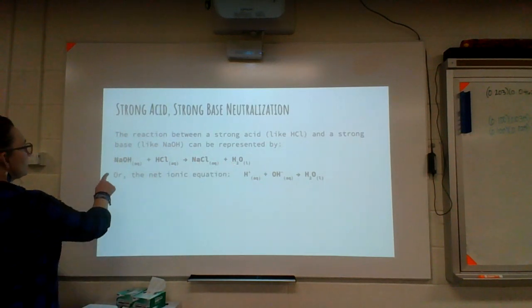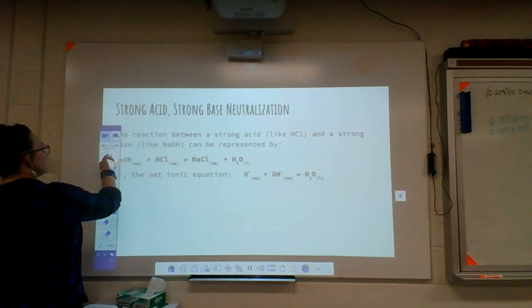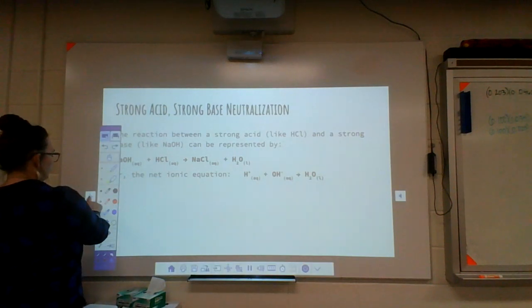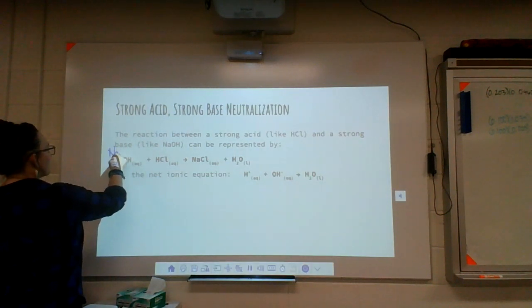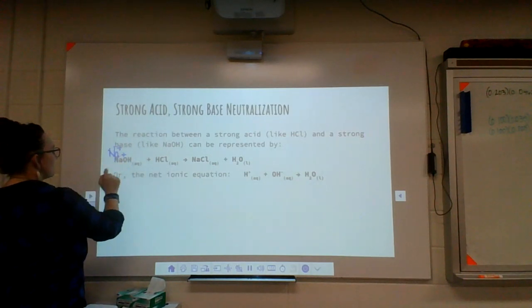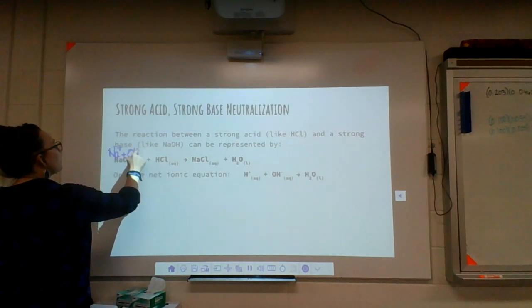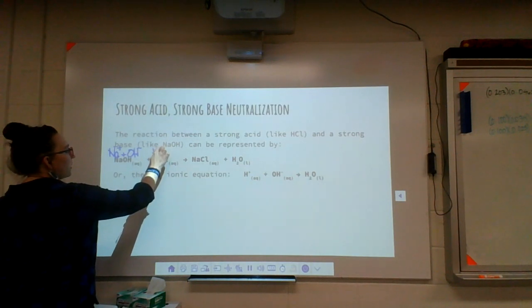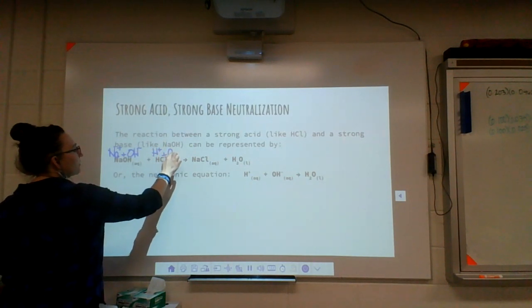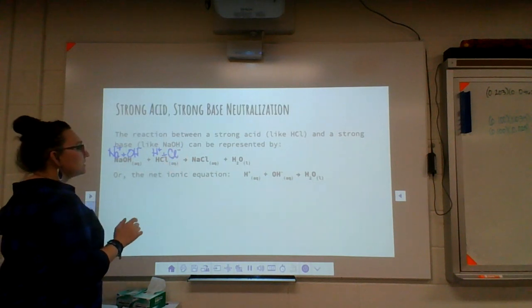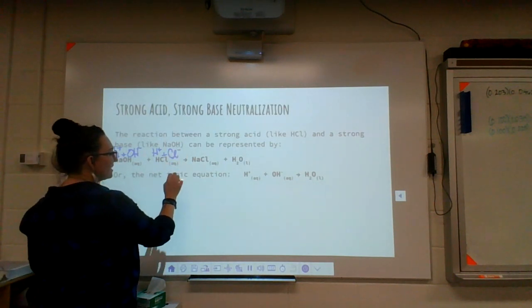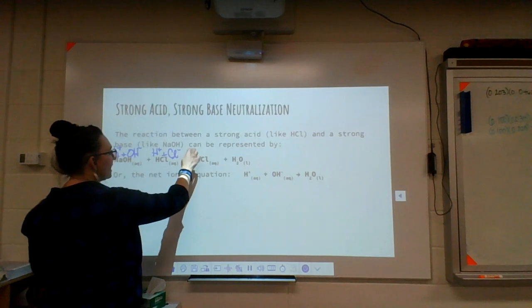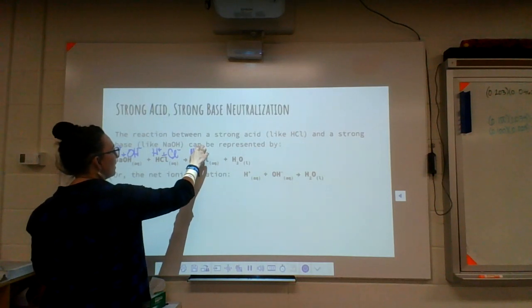Since we know that sodium hydroxide is a strong base, the sodium hydroxide will completely dissociate in solution, as will our strong acid. In addition, sodium chloride is highly soluble and dissociates in water.